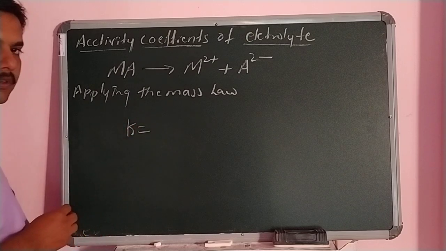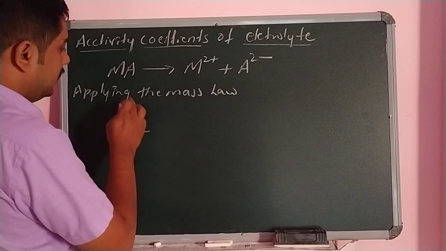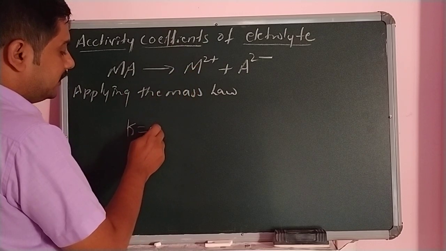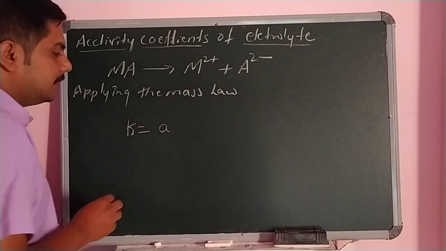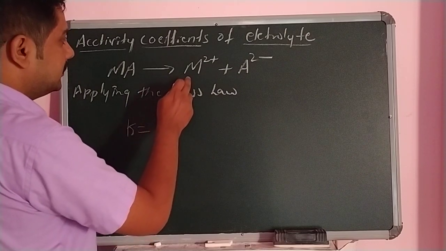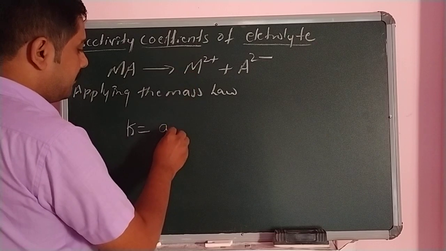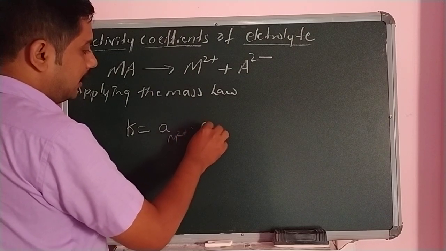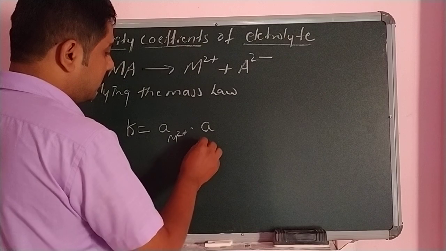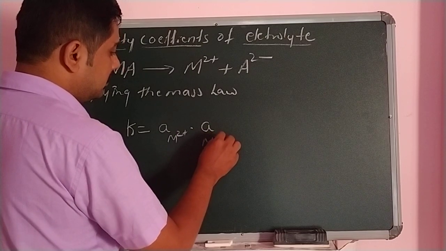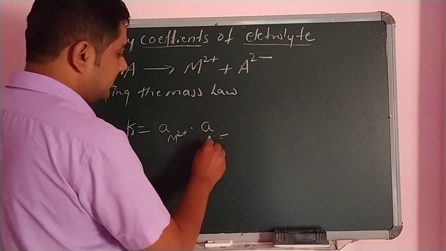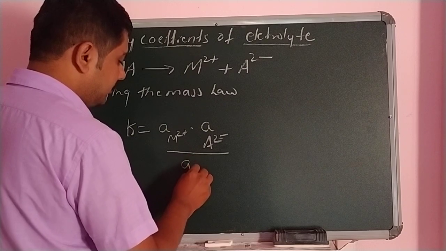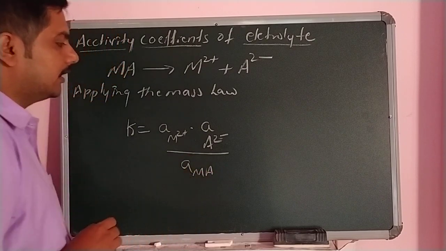K is equal to, here applying the mass law, we are going to take the activity of M^z+ into activity of A^z- divided by activity of MA electrolyte.